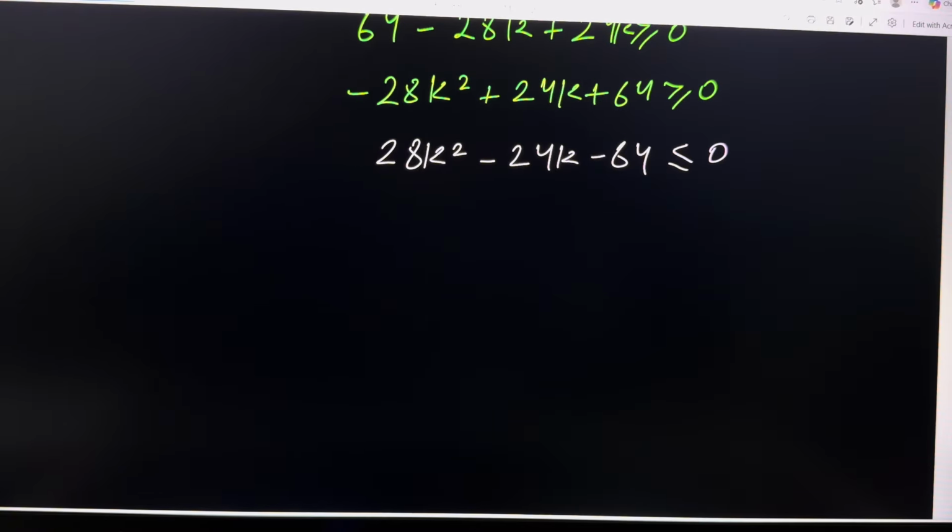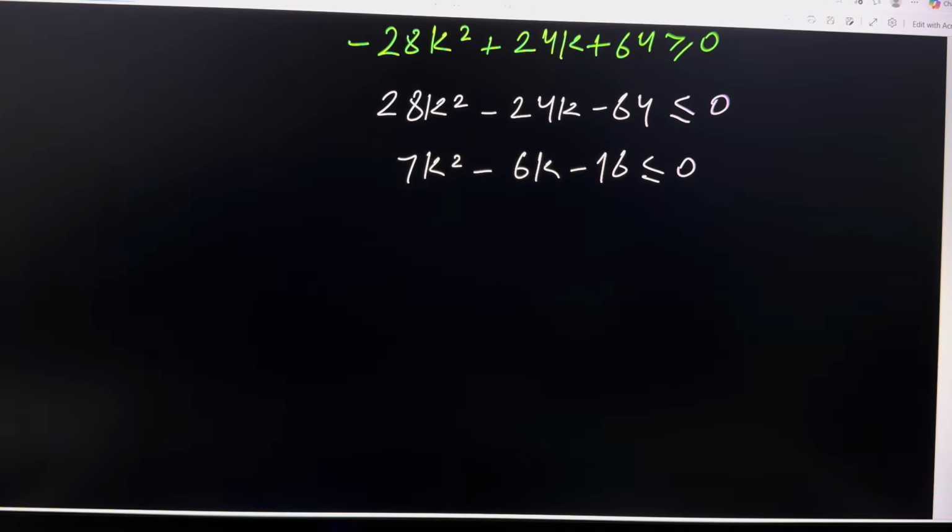Then you can simplify this. I think we can divide each of the terms by 4. So this becomes 7k squared minus 6k, I believe, and 64 divided by 4 is equal to 16, minus 16 is less than or equal to 0.